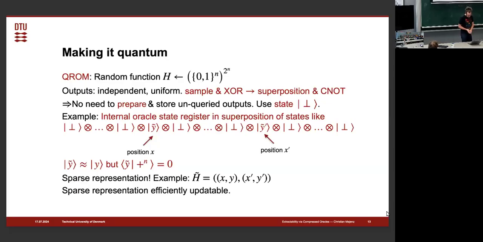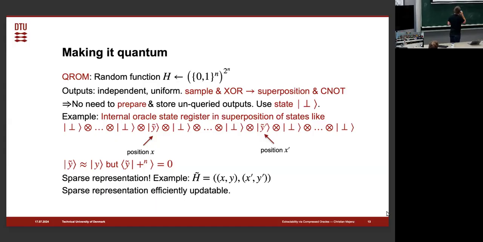Now the internal state of our oracle is a superposition of states that are mostly bottom states and otherwise have some other states that are orthogonal to the bottom state and to the uniform superposition.